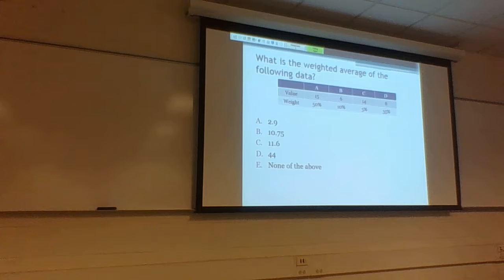You agree? Did you agree on C? Okay. How did you get C? You would get 7.5, 6, etc. Yeah. Makes sense. What do you divide by? You don't have to divide by anything.